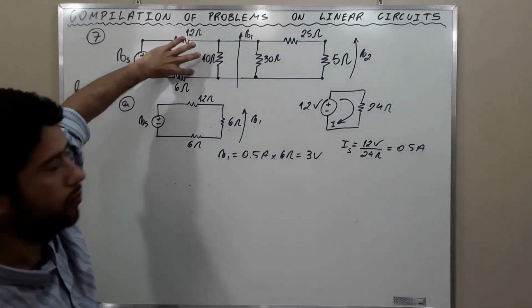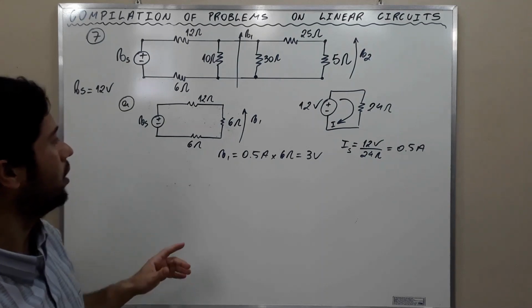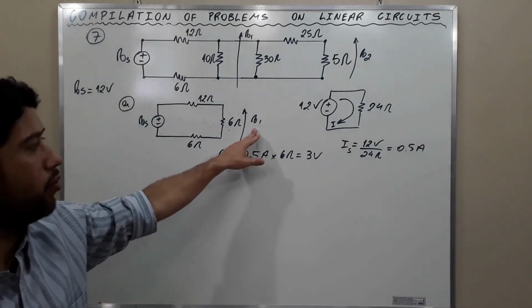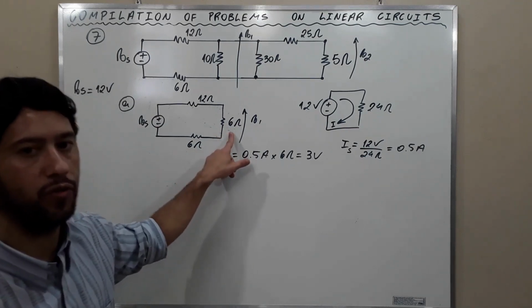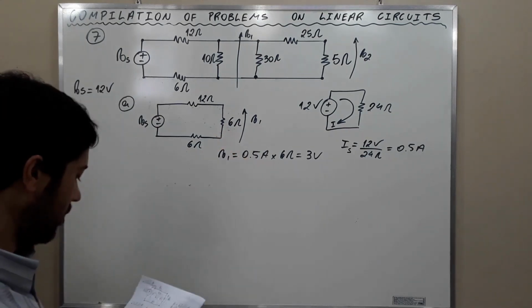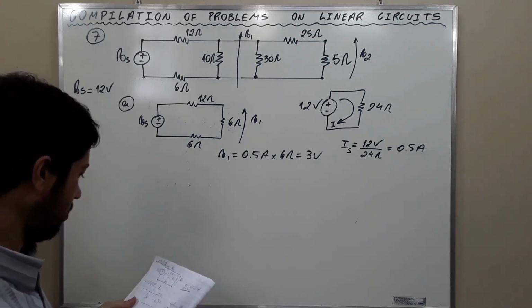There is a voltage drop here, a voltage drop here. So, to calculate V1, you must not use this resistance. You need to use this resistance here. Alright, then V1 is 3 volts.